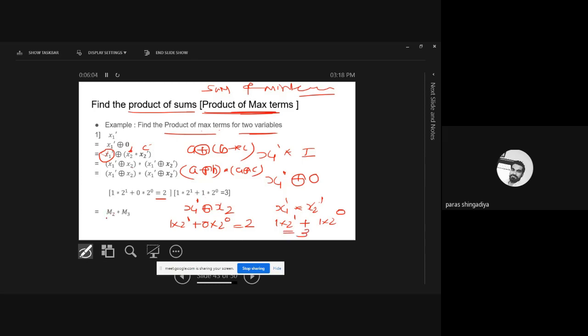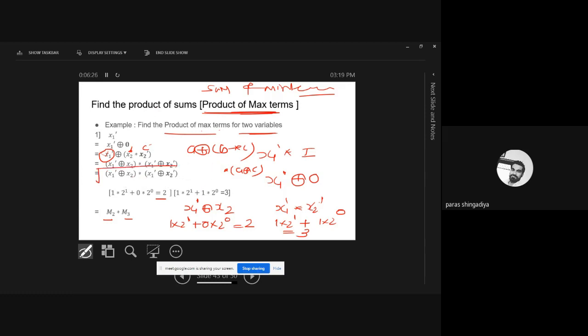So that is now M2 star M3, because here there is a star between the brackets. Both are max term values, so it is called product of the max term. And now what is the meaning of product of the sum? Just check this form.